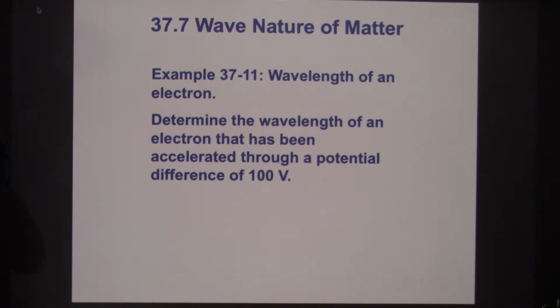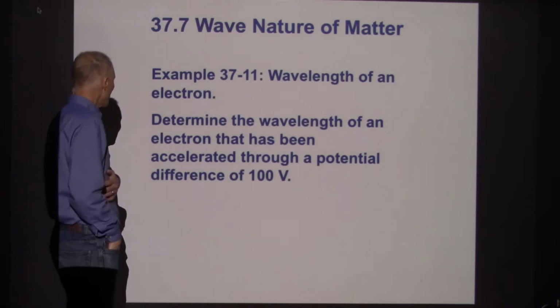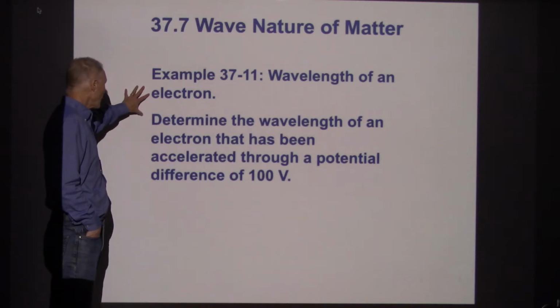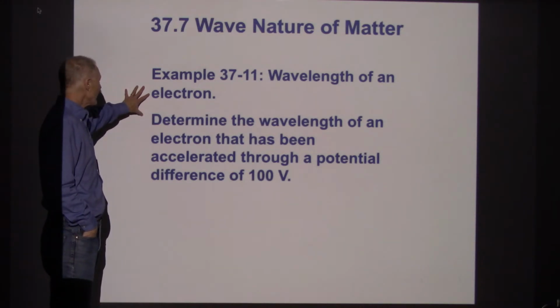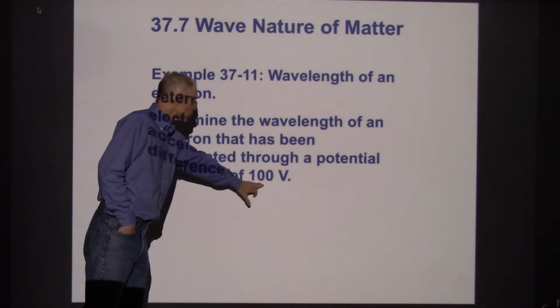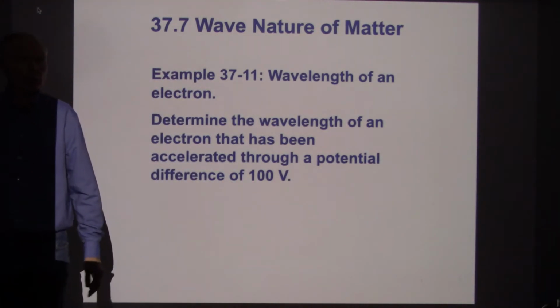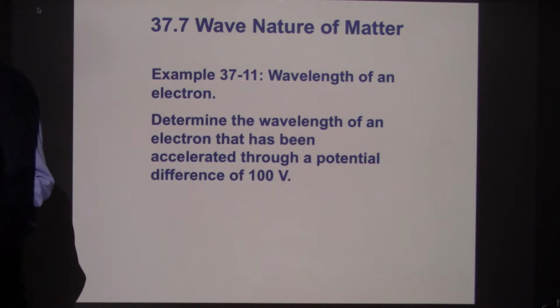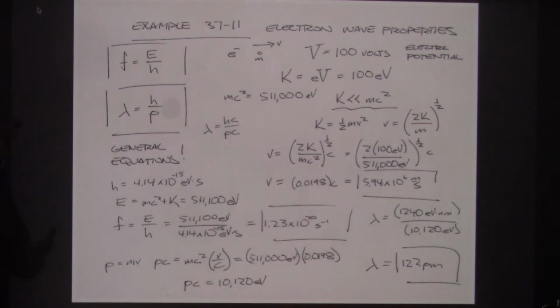Oh, here we go. Now this is one you guys want to be able to work from. Here is an electron. What would be the wavelength of an electron that's been accelerated through an electric potential of 100 volts? Now this we use in an electron microscope. A regular light microscope is using photons.